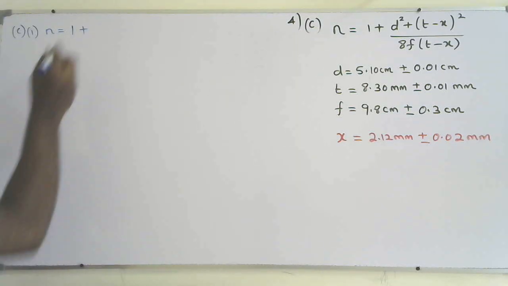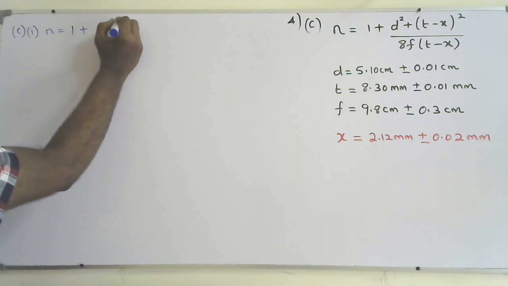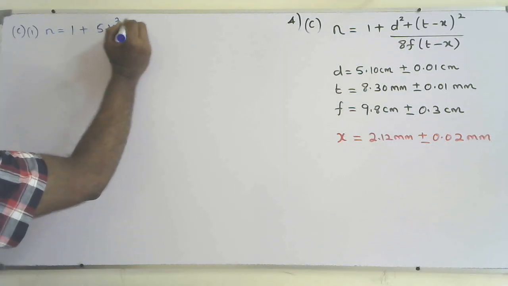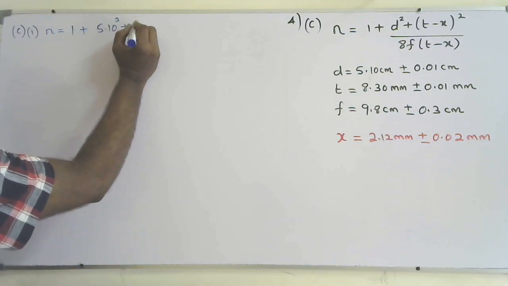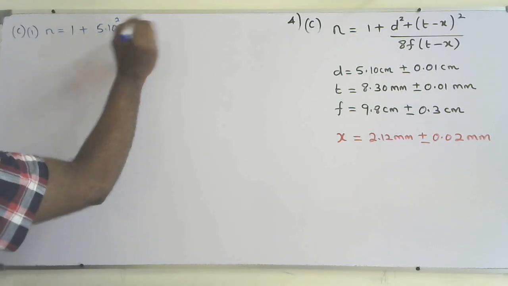So d squared, 5.10 squared, plus we need to find the t minus x.